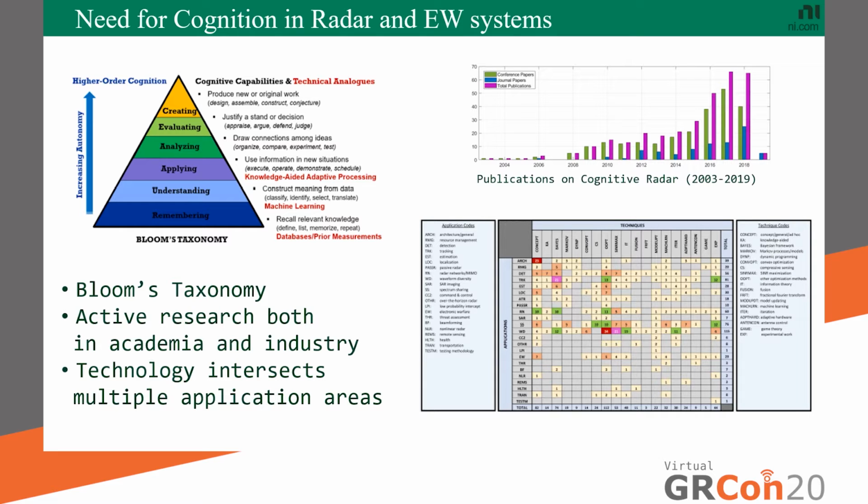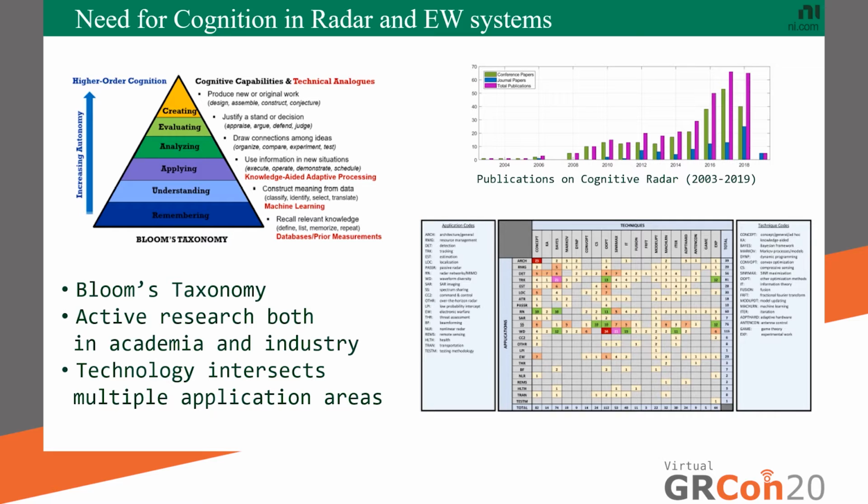And then over time, that has moved into the area of what researchers call knowledge-aided adaptive processing, where the information is used to draw connections across multiple objects, and that helps with applying some of these learnings and also analyzing it. To today, where there is a lot of emphasis on evaluating and creating new experiences, which is where some of the higher level cognitive principles of intelligence, language, attention, perception, and memory are coming into play.